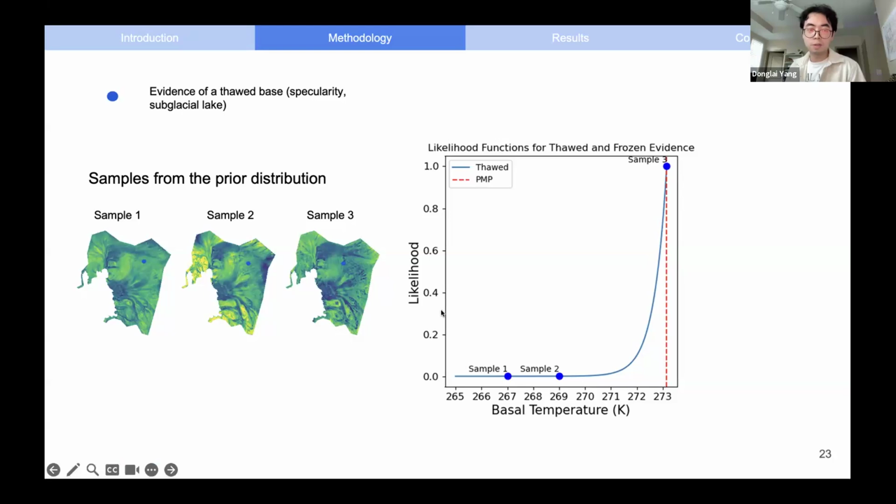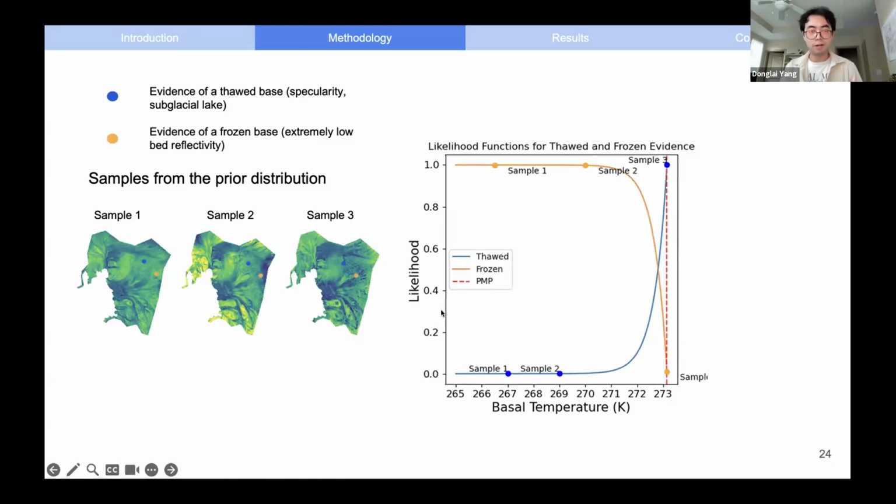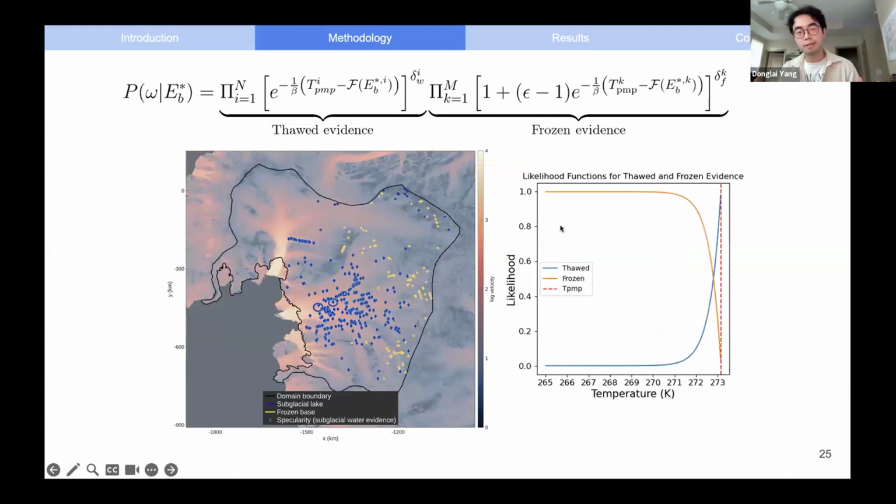The same reasoning should apply in the opposite direction, where for this orange dot, if we have evidence that the base is actually frozen or there's no water, we should penalize any samples that predict there's water in there. And for the case where we just don't know, we should not penalize anything, and for other samples that are below pressure melting point, we think they are equally good. So these two curves, we use an expression to parameterize them.